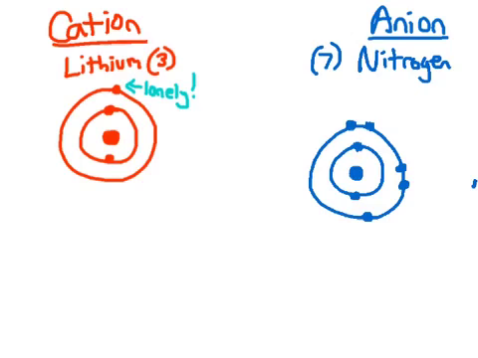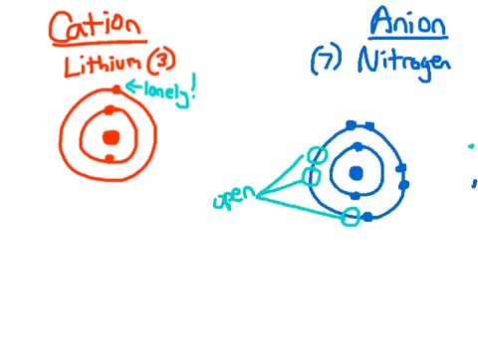Notice there are kind of like 3 spaces left over. It's kind of like there's an open space here, an open space here, and an open space here, where these are open. In order to make a nice happy 8, there are 3 open slots. All right, so in this case, nitrogen would love to gain those electrons.